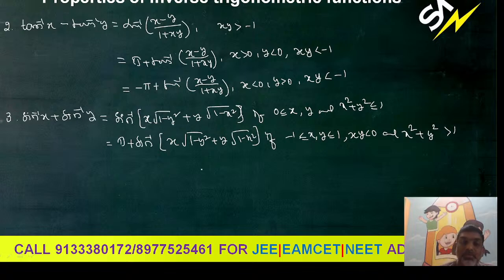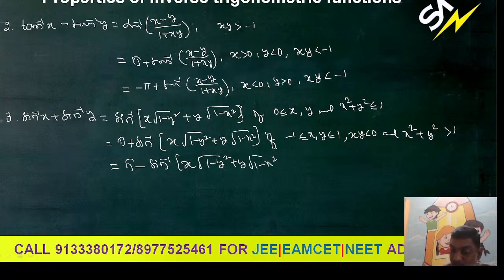And the next formula is pi minus sin inverse of x into under root of 1 minus y square plus y into under root of 1 minus x square. Here what are the conditions? Minus 1 less than or equal to x, y less than or equal to 0, and x square plus y square greater than 1.